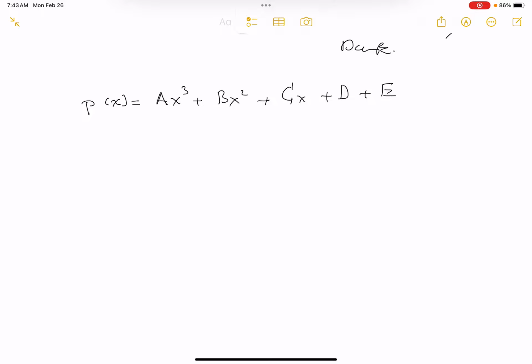Now they do say some things over here. They say p of 0 is 0, p of 1 is 1, p of 2 is 2. But the real important thing about this one is they tell me something about the factors of this thing. And by the way, I know there's 3 factors. I'm sorry, 3 roots. I misspoke. There's actually 3 roots to this problem. And one of those roots is repeated.